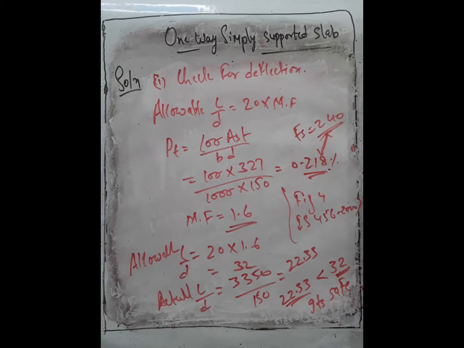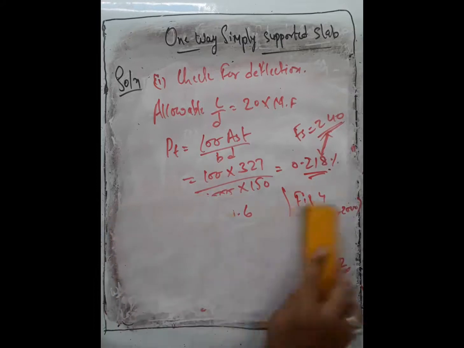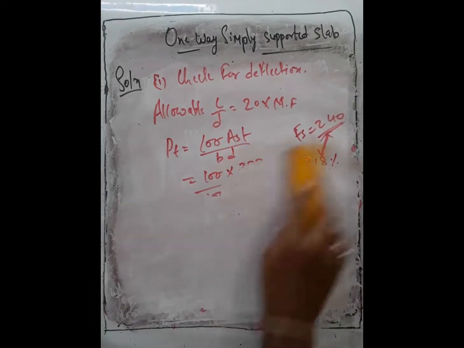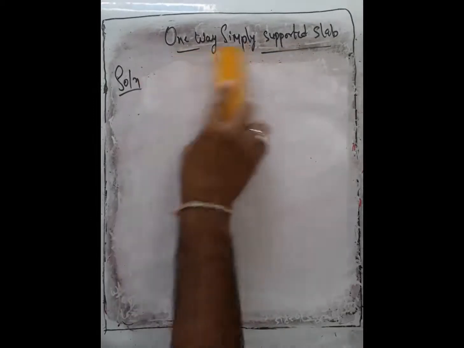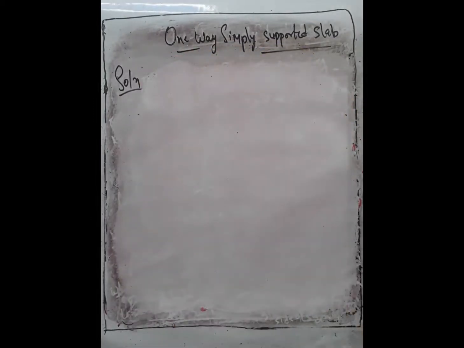So here the check for deflection and the check for cracking are done, and we find that our solution is safe in both conditions. Now lastly we have to draw the detailing diagram of this slab. Note one thing: in this question we are only given check for cracking and check for deflection.